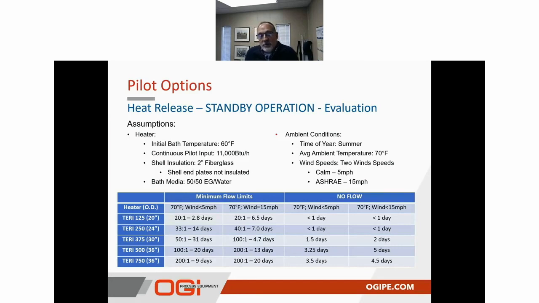Now, all of these kind of show a relative trend, right? So if you look at the 125, there's only 90 gallons of volume, of water volume or thermal capacity to absorb the energy that is being driven by the pilot. And of course, the surface area on the outside is limited by the length and the diameter.